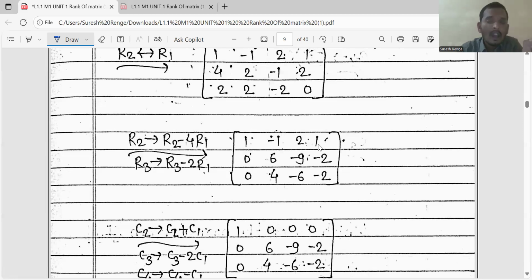Now if you are making those elements which lie below that leading element equal to 0, at that time we apply only column operations. There need not be any calculation; make this element equal to 0 and write down the remaining part as it is.